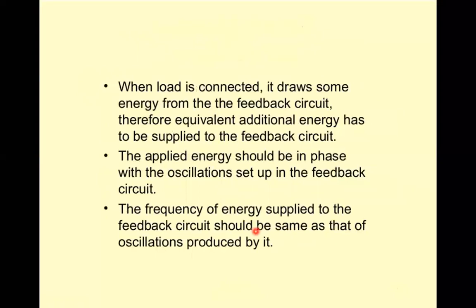When the load is connected, it draws some energy from the feedback circuit. Therefore, equivalent additional energy has to be supplied to the feedback circuit. The applied energy should be in phase with the oscillations set up in the feedback circuit. The frequency of energy supplied to the feedback circuit should be the same as that of the oscillations produced by it.